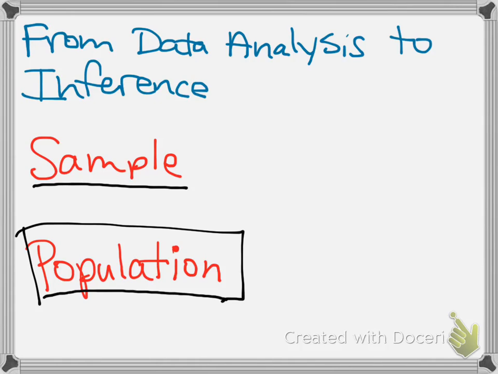For instance, the data that you looked at in class today, that's data that I collected from students in my classes. So that was a sample of all of the students in the St. Francis community, which would be the population. The population is everybody. The sample is a subset of the population.